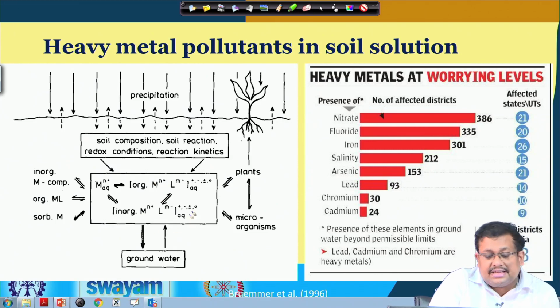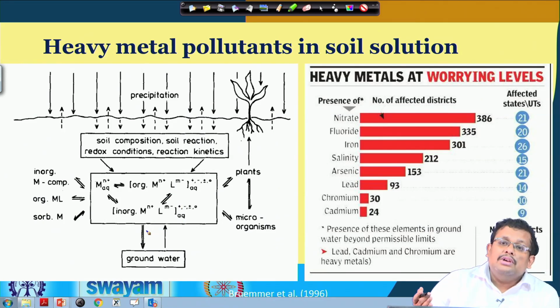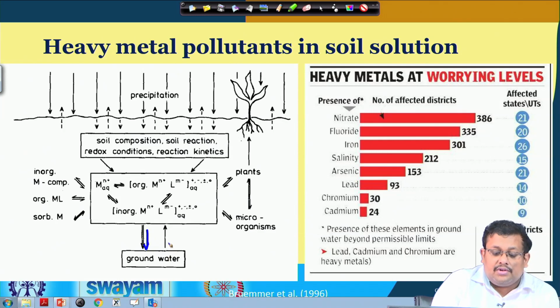Ultimately, after these reactions take place, they can convert to new species and ultimately go to the groundwater, and also from the groundwater they can move up into the soil.